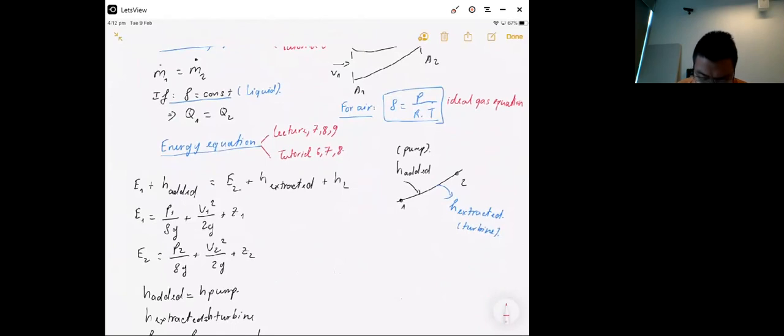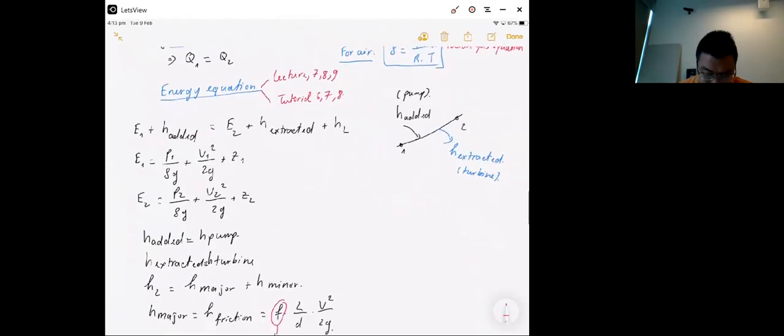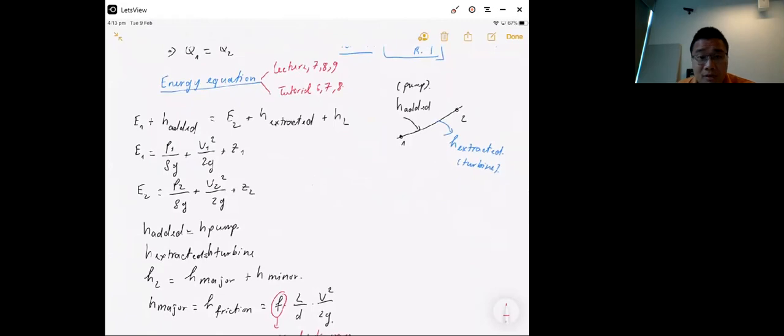You can find it in lectures 7, 8, 9 and tutorials 6, 7, 8, because we have the energy equation for ideal flow and real flow. We have so many questions about the energy equation in the lectures and tutorials. The energy equation is the most important equation in fluid flow.